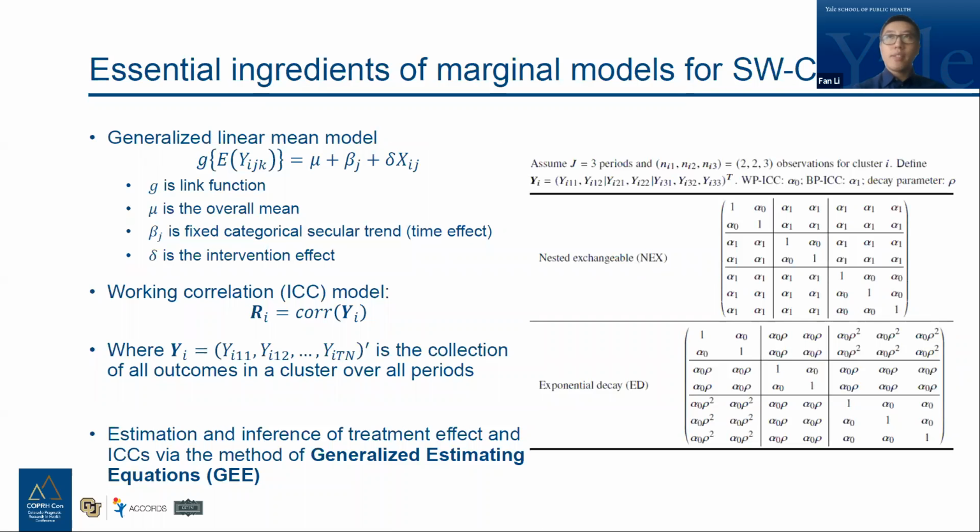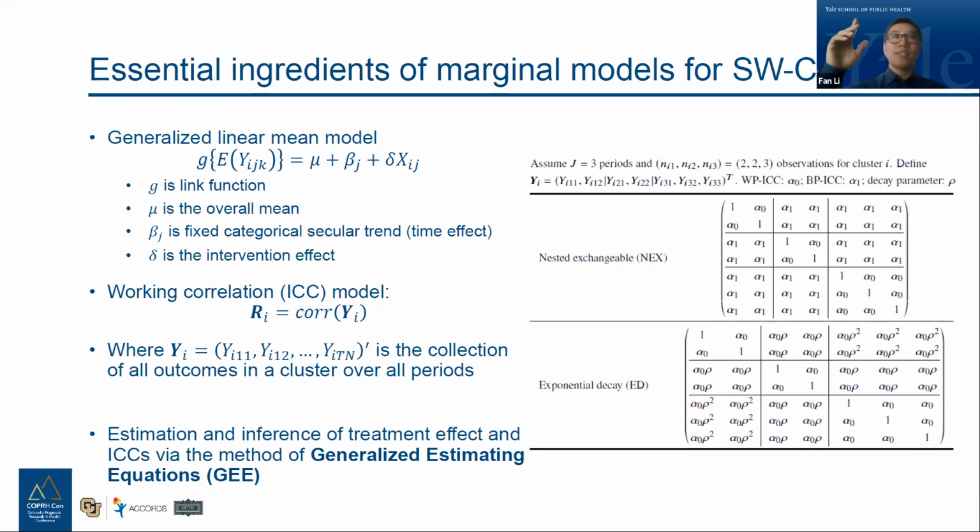The essential ingredients of a marginal model for SW-CRTs are generally not too different from the mixed effects models, except that we are specifying a separate working ICC model directly instead of inducing that model by using random effects assumptions.